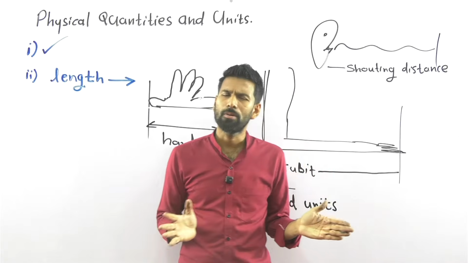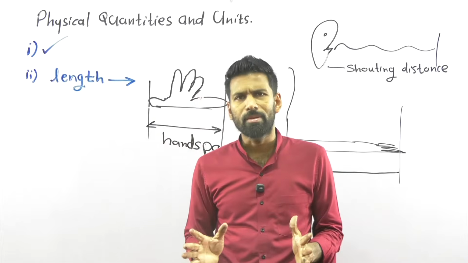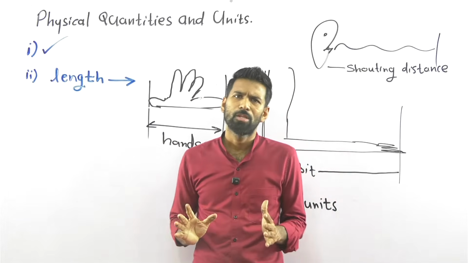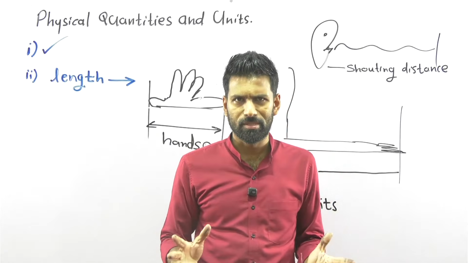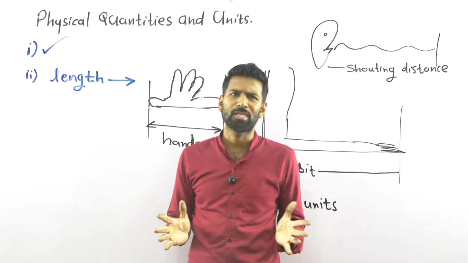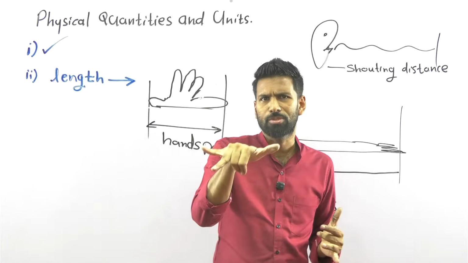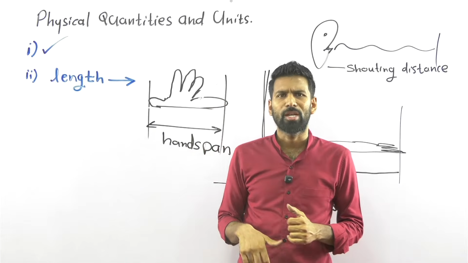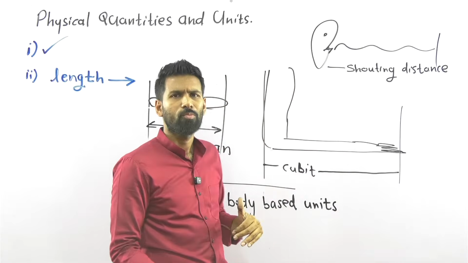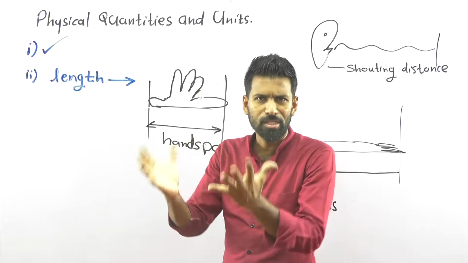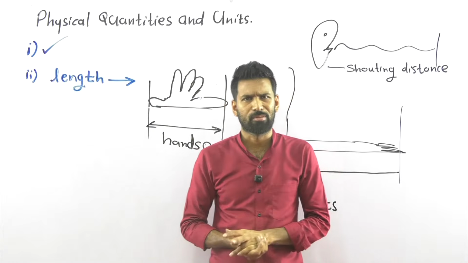Now, with this idea, can you tell me what the inaccuracies are in these kinds of units? To measure length using handspan, cubit or shouting distance, to measure mass using the special stones, what are the inaccuracies of these methods?